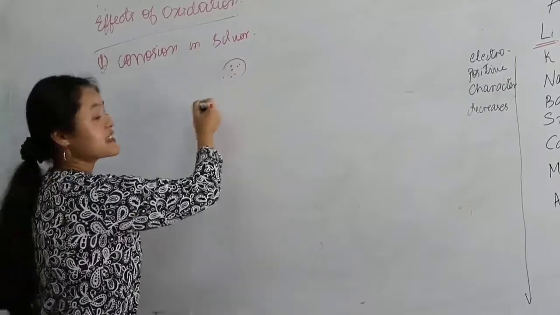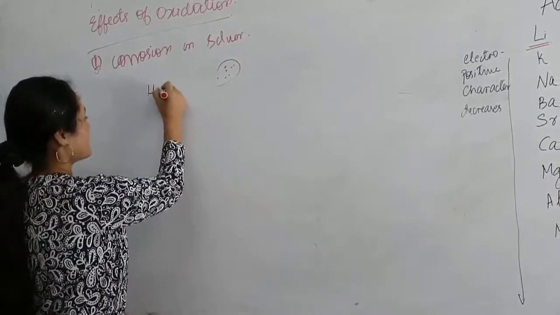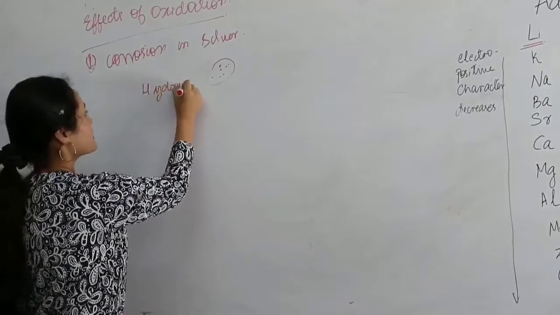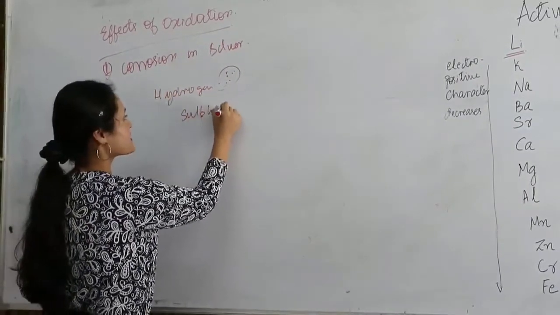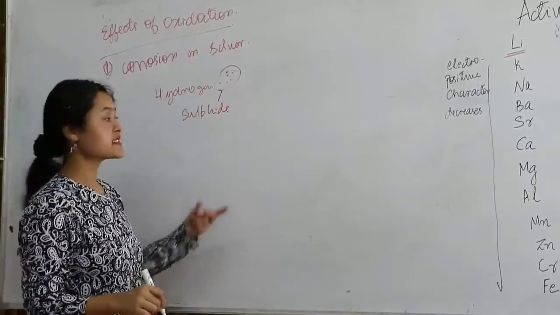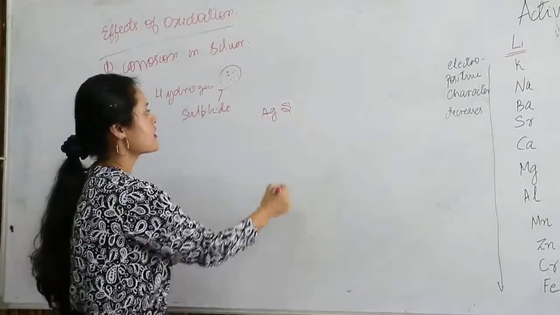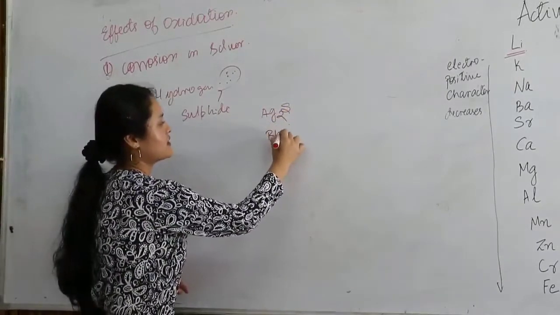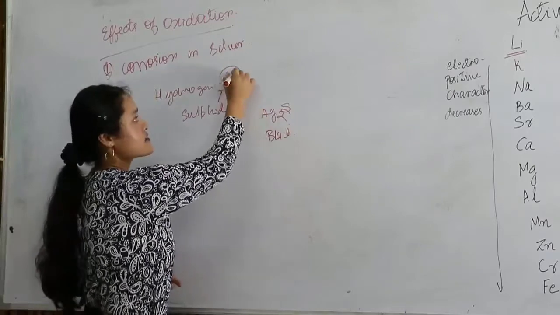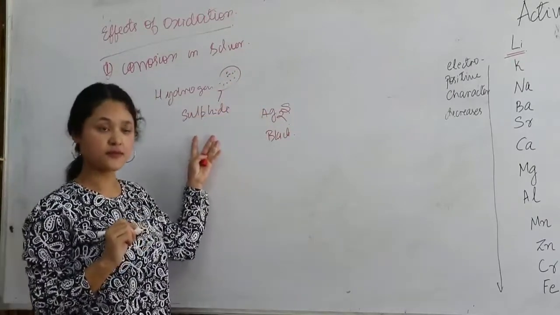This is because in air there is the presence of hydrogen sulfide. It gets in contact with silver, and then silver sulfide forms. So this is the black color which forms on the surface of silver. This is the corrosion of silver.